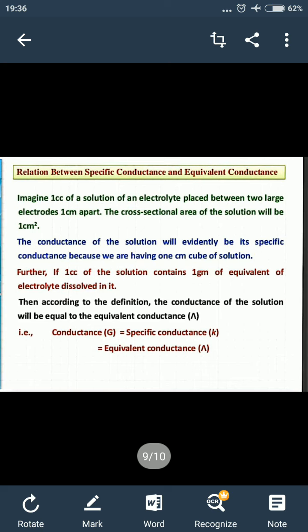Then we have to multiply the specific conductance by 1000 to get the equivalent or molar conductance. So, the equivalent conductance is equal to specific conductance into the volume which contains 1 gram equivalent of the electrolyte, or molar conductance is equal to the specific conductance into V, the volume of the solution that contains 1 mole of electrolyte dissolved in it.